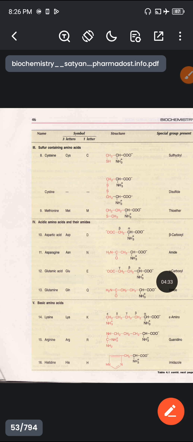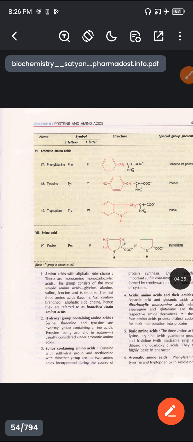Then the next one we have is aromatic amino acids. The first ones are phenylalanine, tyrosine, and tryptophan. And tryptophan has an indole ring, so they will ask those small questions: which amino acid has an indole ring?